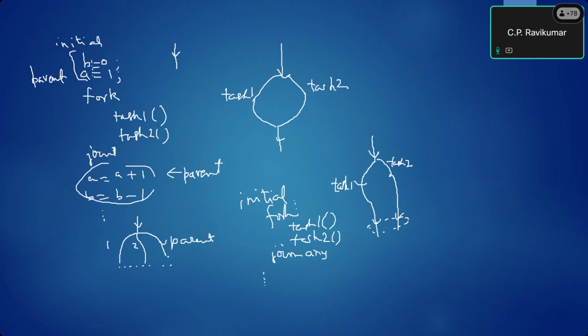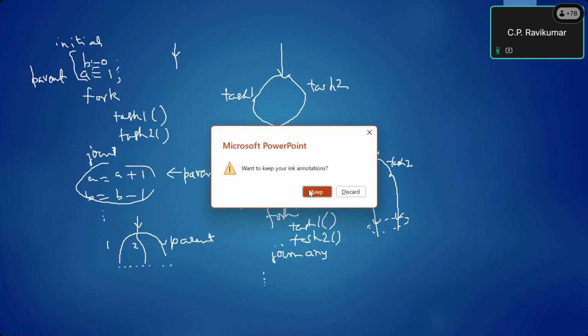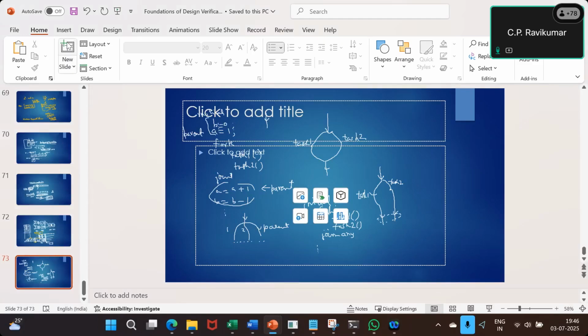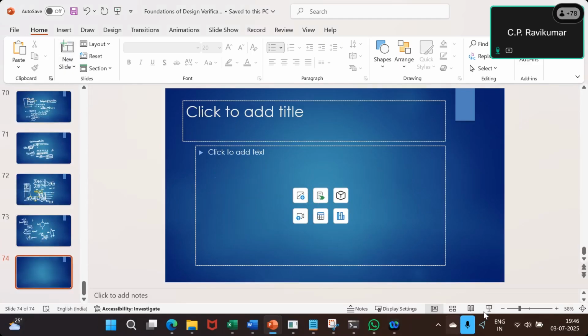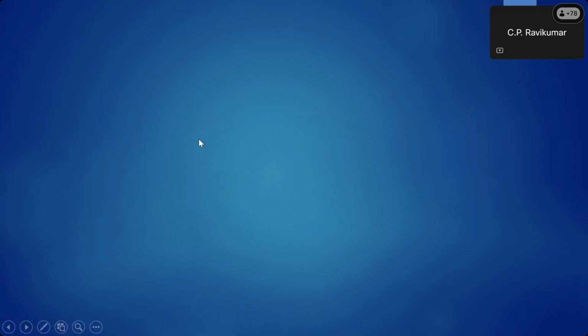So you can do this kind of modeling in SystemVerilog by using fork and join. So for example, imagine that you want to model a pipeline or something like that.